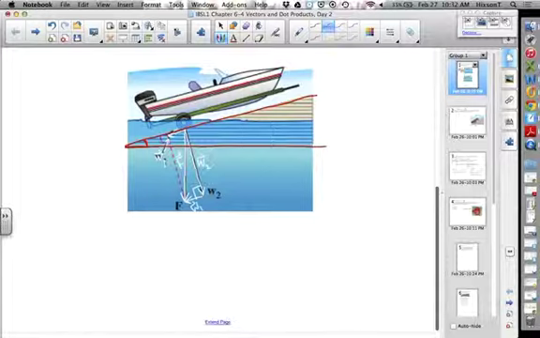Now look. This force of gravity is going straight down. This is the horizontal. So I know this is a right angle right here, correct? Correct. Now, I also know that W2 is perpendicular to the ramp itself.